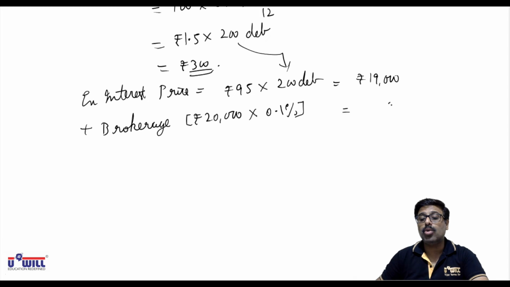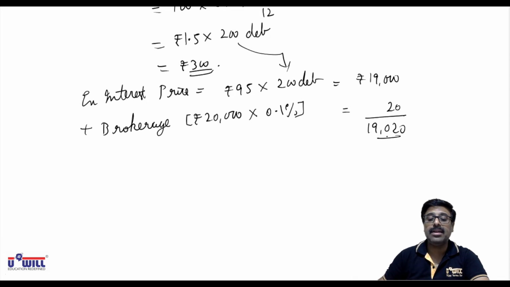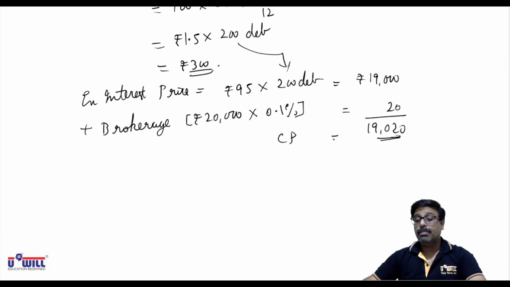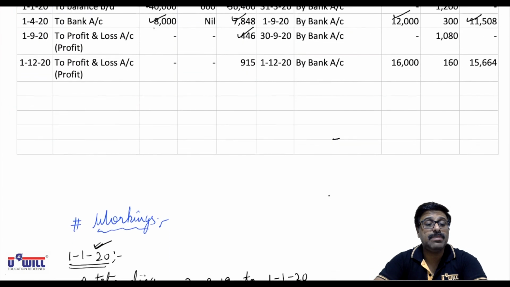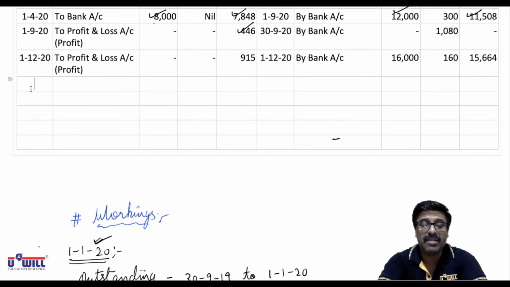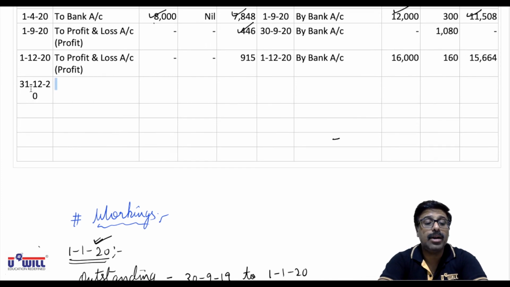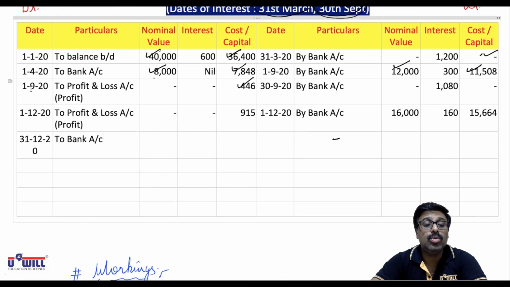Means what is the total cost of this investment for us? 19,020. Purchasing means only this much working is to be done. So purchase, we write on debit side, means purchase will be recorded on debit side, 31/12/20 to bank account.